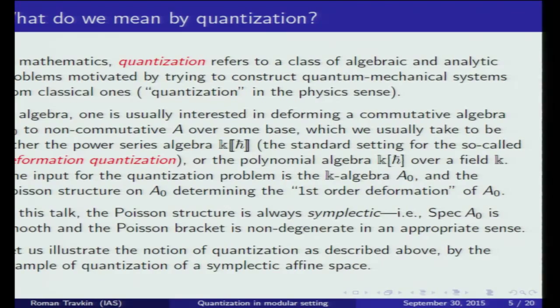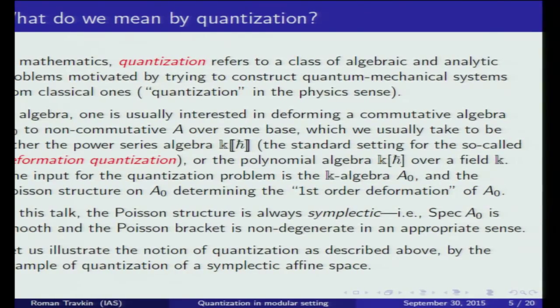In algebra, one is usually interested in deforming a commutative algebra, A0, to a non-commutative algebra, A, over some base, which we usually take to be either the power series algebra, denoted K double brackets h bar, the standard setting for so-called deformation quantization, or else over the polynomial algebra, notated K single brackets h bar, over a field K. The input for the quantization problem is the K-algebra A0, and the Poisson structure on A0 determines the first order deformation of A0.